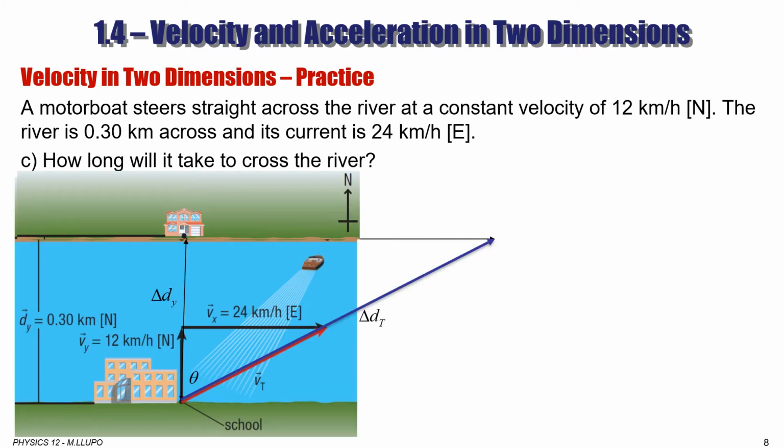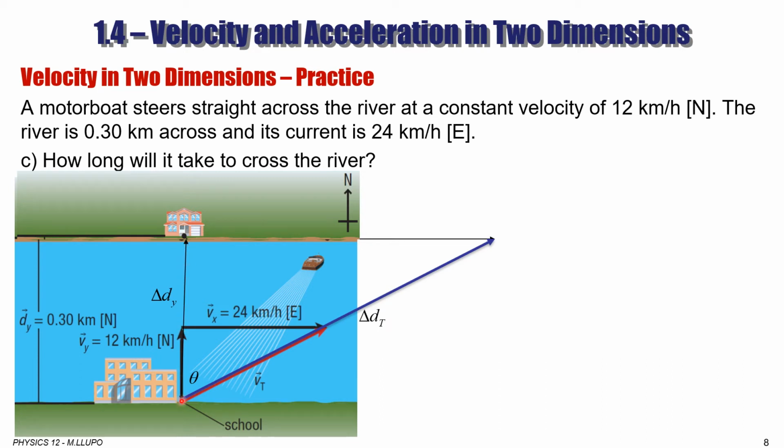Now, the interesting thing here is how long it will take to cross the river if there is a current. So the velocity of the river, the water current, is Vx, 24 kilometers per hour. Remember that we did it before when there was no current, so the boat is going to go straight up. There's no problem.